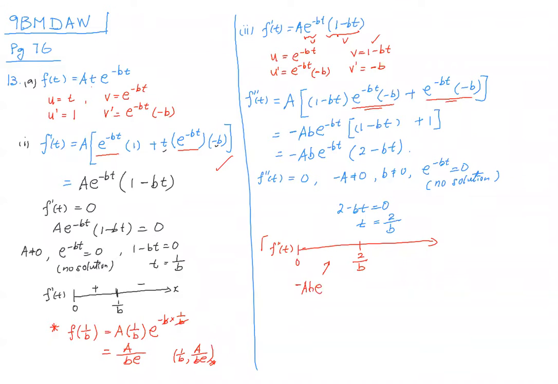So I can determine the sign even without numbers. So 2 minus bt: if t is less than 2 over b, this whole thing will be greater than 0. So here is negative, and here will be positive.